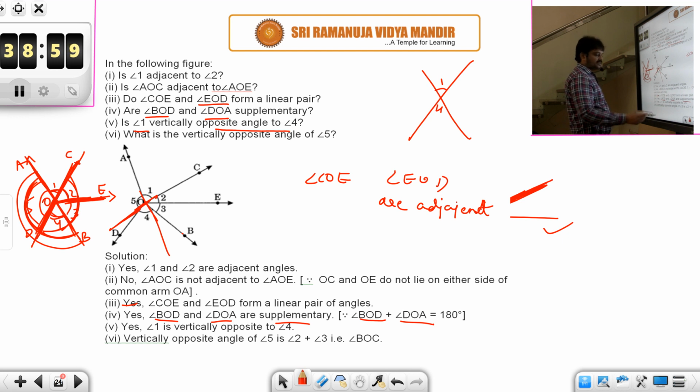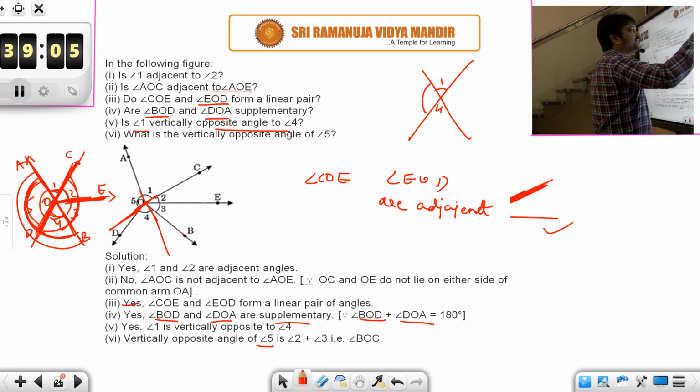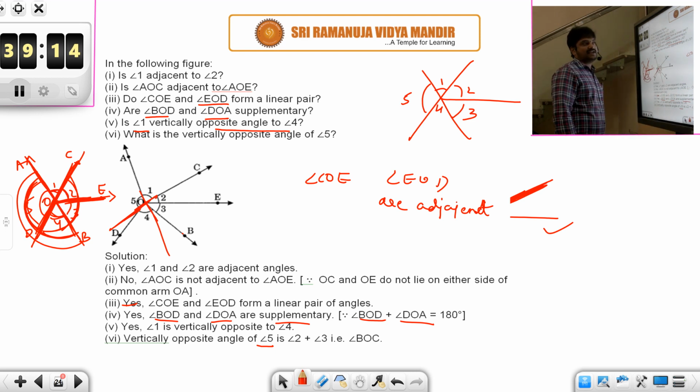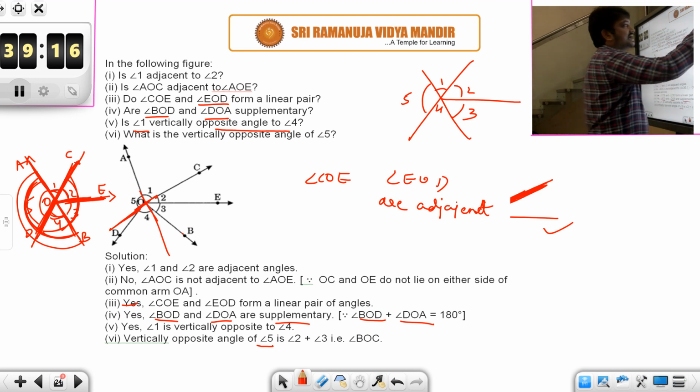Okay. And similarly, they have been asked what is the vertically opposite angle of 5. See here, this is 5 they have labeled, and here they have drawn a line saying that this is 2 and 3. Now can you tell what is the vertically opposite angle of 5? Angle 1 is equal to angle 4, right? Vertically opposite angles.